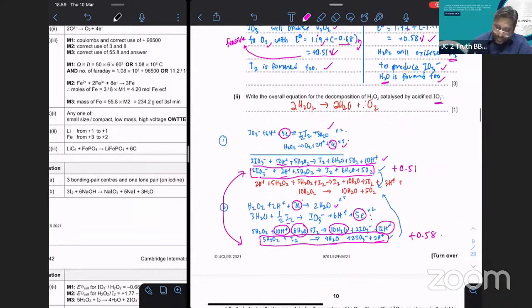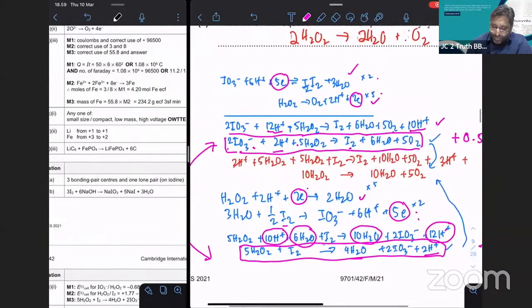So you can see it is reacting with this catalyst to form I2. And then they mentioned that the I2 is going to react with the H2O2 and proceed further, and it is reforming the catalyst again. So that's why this is going to show the catalyst reaction. The catalyst is helping, and after that it is reformed again.